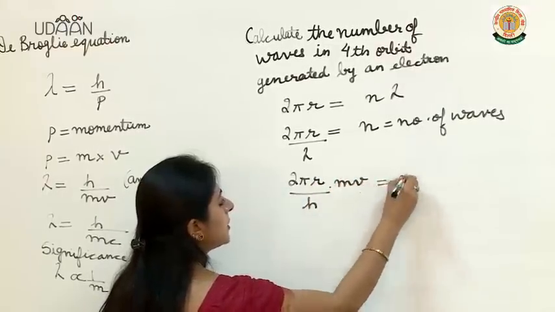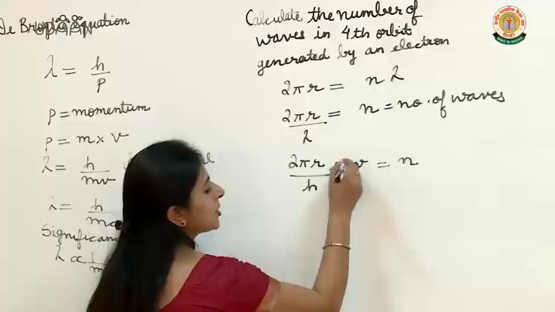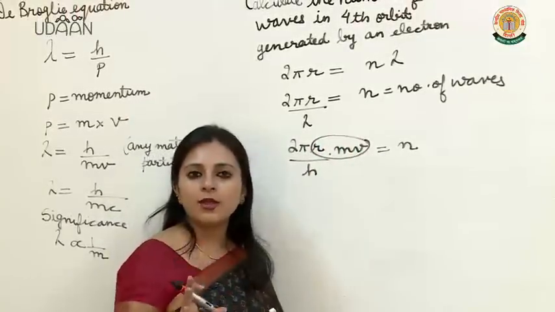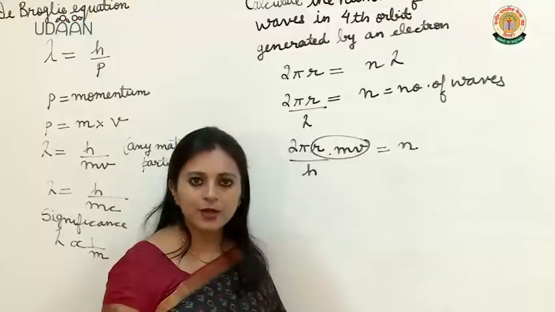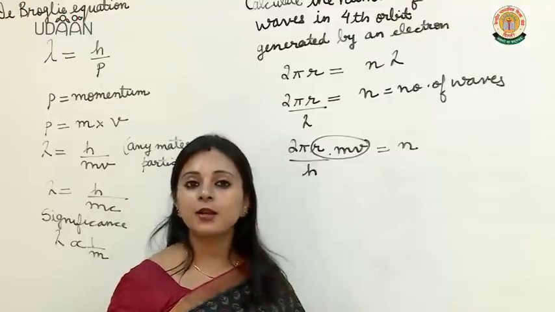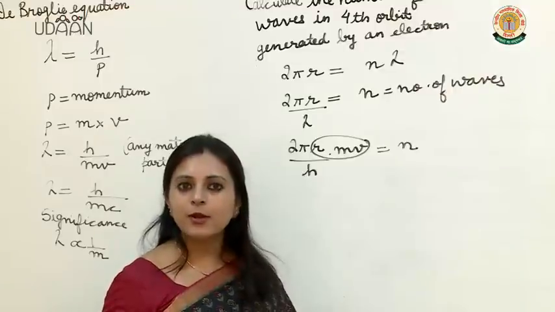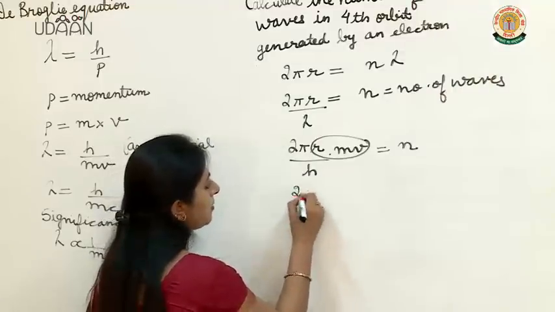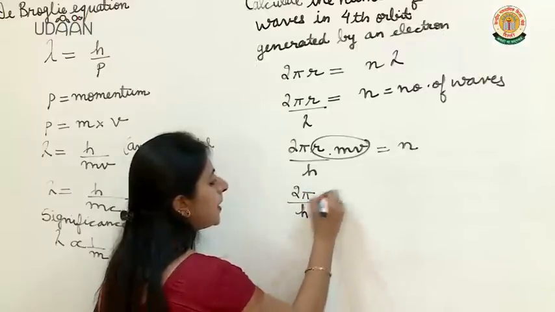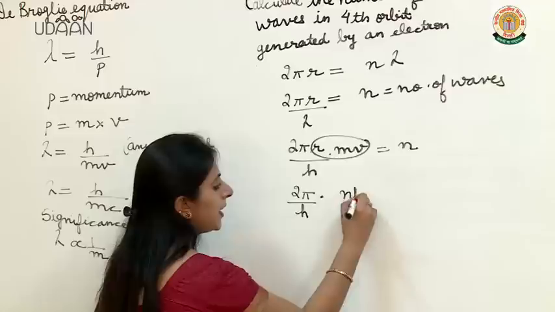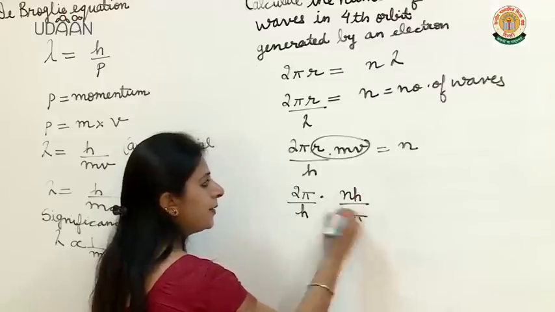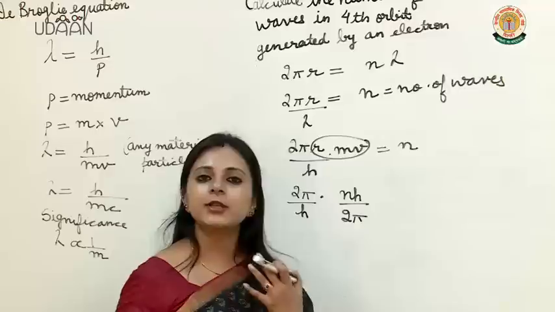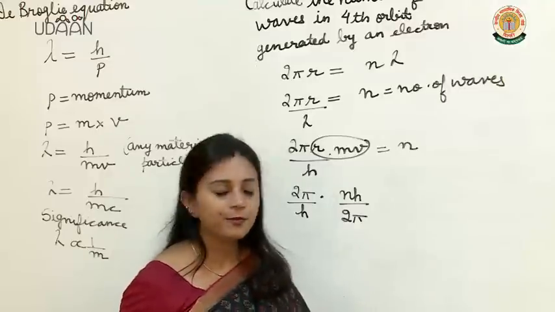So I substitute it here and rearrange, and now we get mvr. I told you earlier what mvr is: it is angular momentum, and its value is an integral multiple of h by 2 pi. So here I can also write nh by 2 pi instead of mvr. What is this? This is Bohr's postulate of angular momentum.